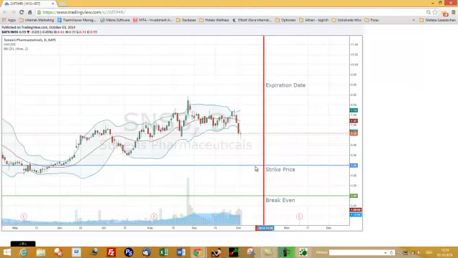In the worst case, what could happen is that the stock moves even below our strike price. We would have to buy the 100 shares of SNSS for $5, but since we collected $1.55 for each share, our break-even is only at $3.49.